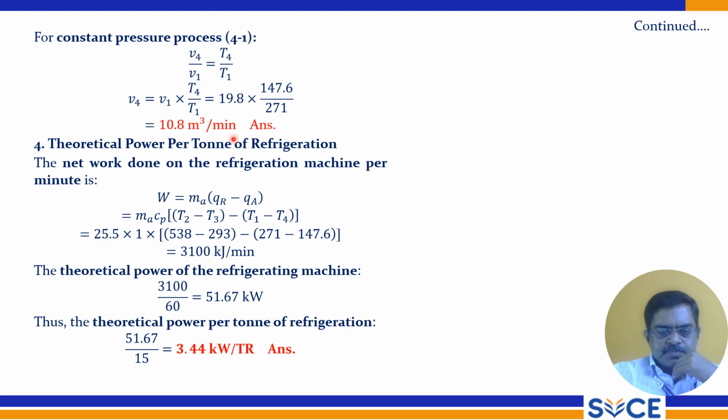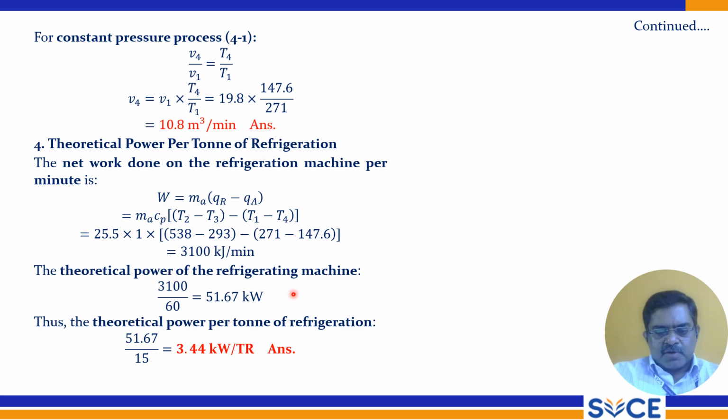And theoretical power per ton of refrigeration. The net work done on the refrigeration machine per unit is work done equal to MA into QR minus QA, that is equal to MA Cp into (T2 minus T3) minus (T1 minus T4). So substituting all the values, we are getting the total work done equal to 3100 kilojoules per minute.